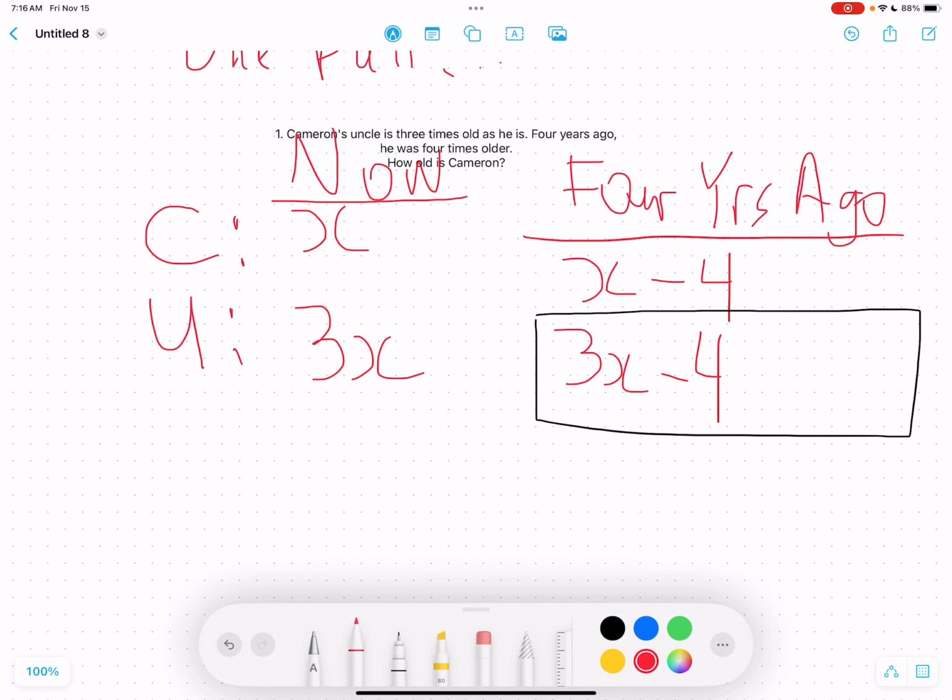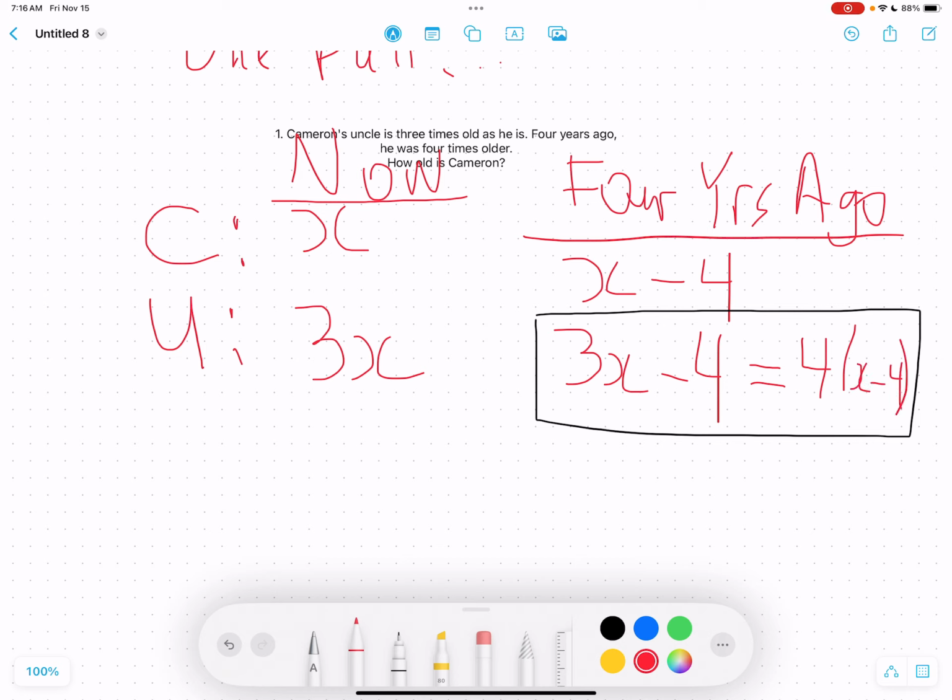So equals, he was 4 times older. So I'm going to say it was equal to 4 times X minus 4.